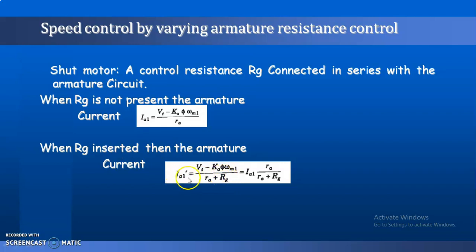So Ia1 dash is (Vt − Ka φ ω1) / (Ra + Rg). From these two equations, we conclude that Ia1 dash is smaller than Ia1.